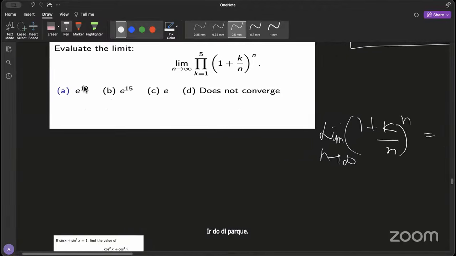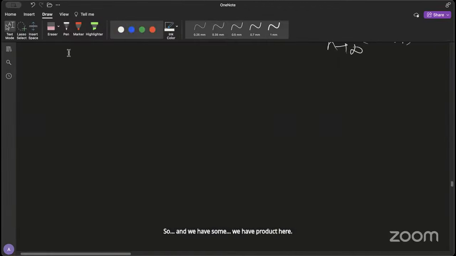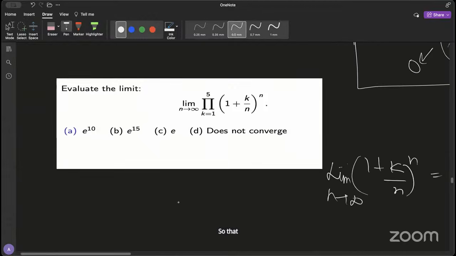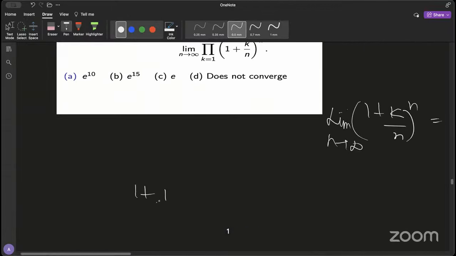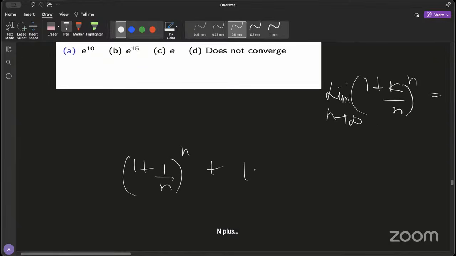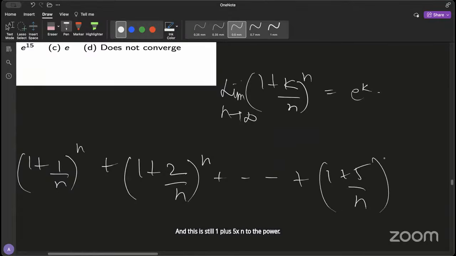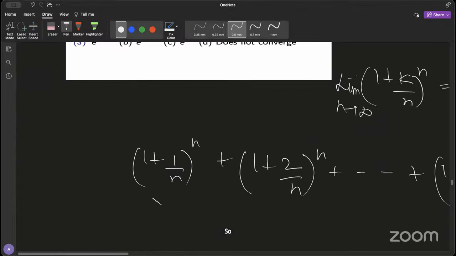And we have a product here. That means we have 1 plus 1 by n to the power n, times 1 plus 2 by n to the power n, and so on until 1 plus 5 by n to the power n. This converges to e to the power 1, this converges to e to the power 2.